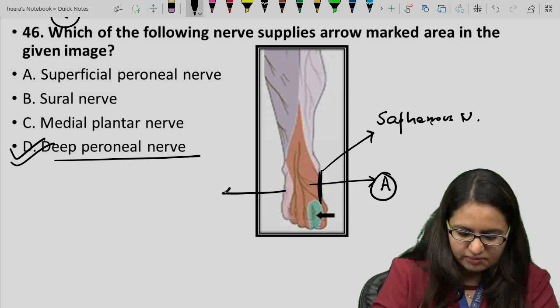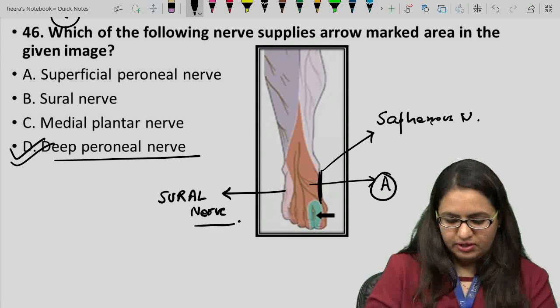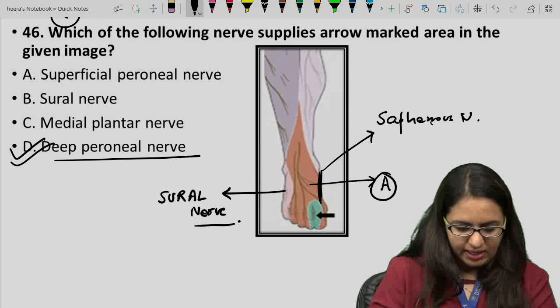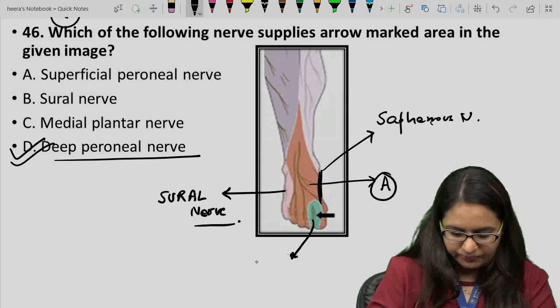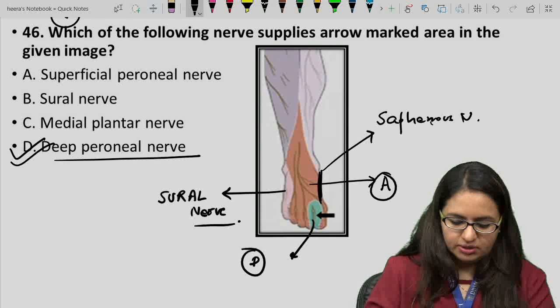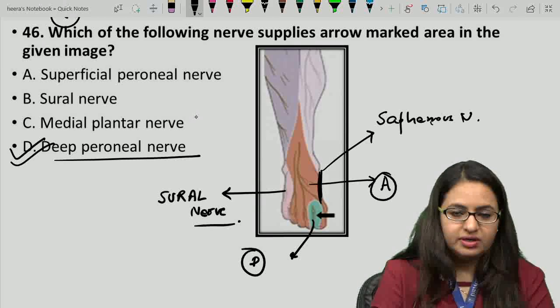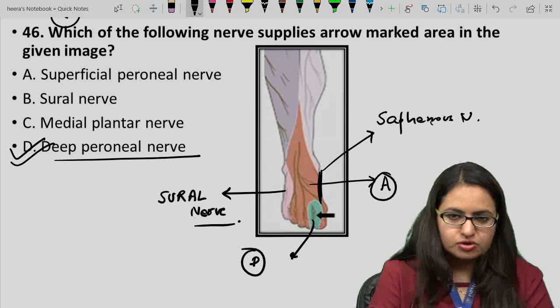Towards the lateral border, it is supplied by the sural nerve. So the saphenous nerve, sural nerve, the superficial peroneal nerve, and the deep peroneal nerve all supply the dorsum of the foot, and the medial plantar nerve, which has been mentioned over here, actually supplies the sole of the foot.